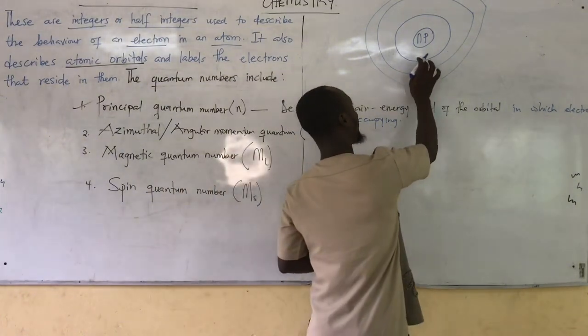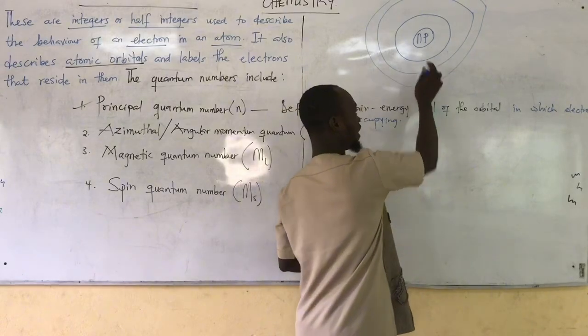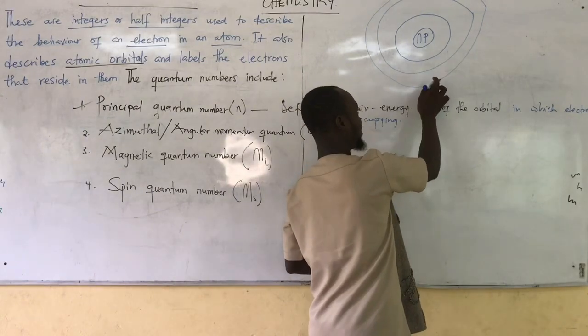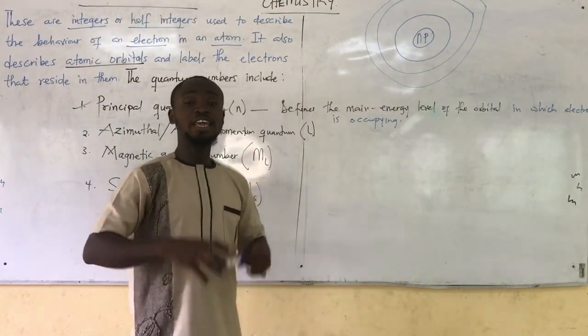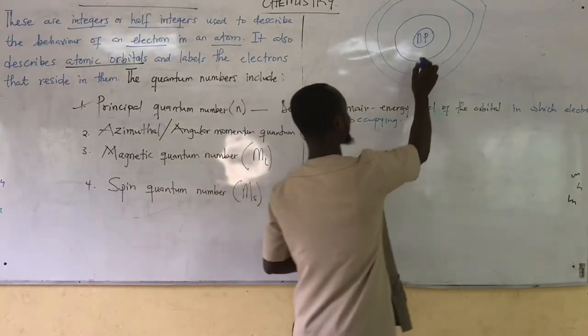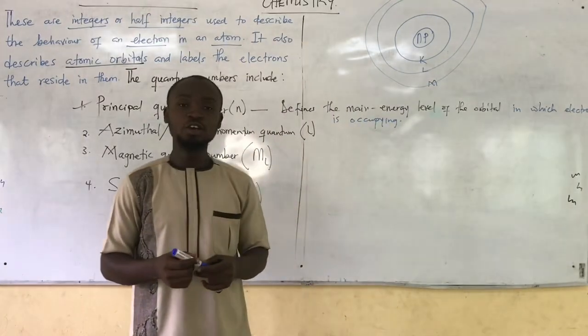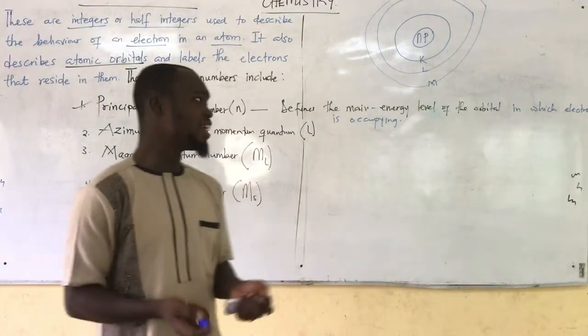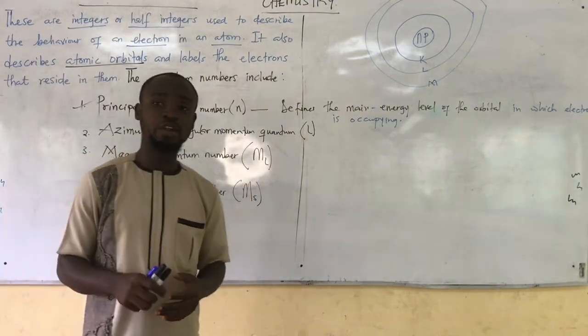What I have here is a shell or an energy level. This is another shell, this is another shell. So the principal quantum number in the simplest form indicates the shell. Which shells are we talking about here? That is the K shell, the L, the M, and so forth. So the principal quantum number defines the main energy level of the orbital in which the electron is occupying.